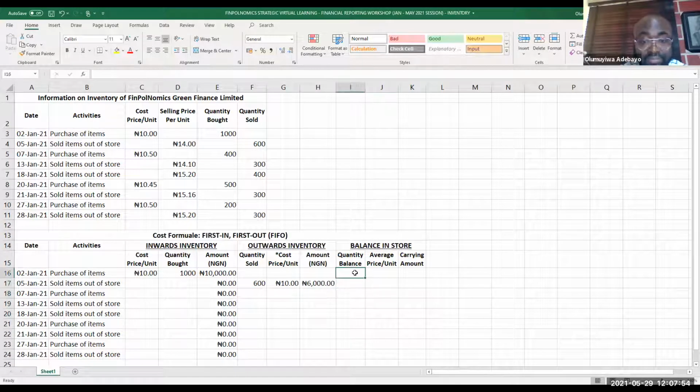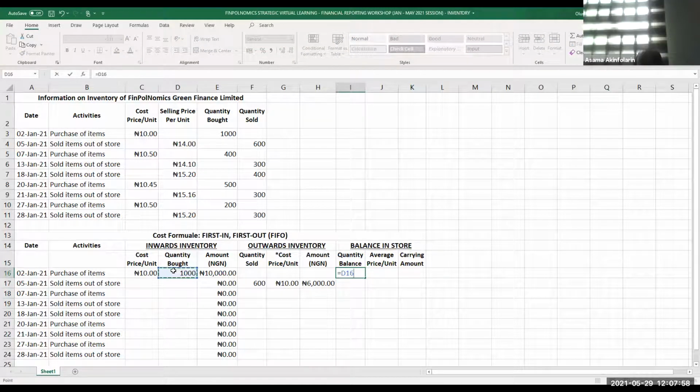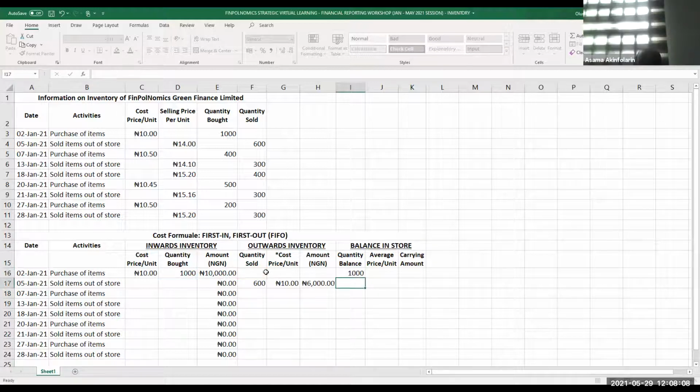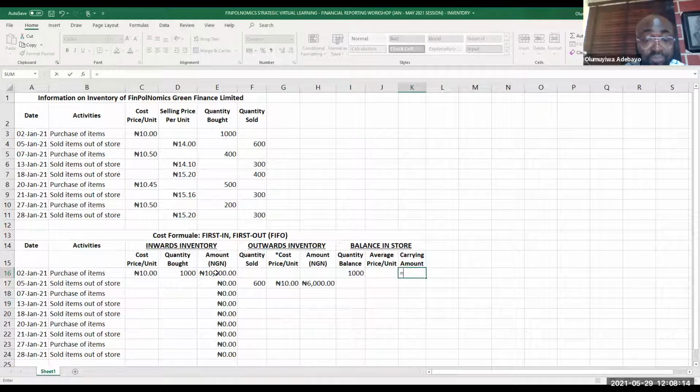At the end of the day, your balance in quantity is the difference between what you have as purchased and what you have issued out, which means as at this date, you have not issued out anything. Likewise, your amount is the difference between the amount of what you have purchased and the amount of what you have issued out.